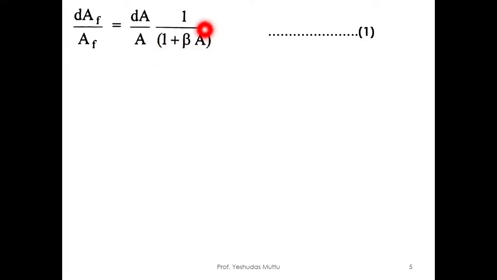Why? Because this 1 plus beta A term is at the denominator side, and obviously 1 plus beta A will be quite huge. Any term at the denominator which is quite huge leads to lowering this particular term, so there will be less change in gain with feedback.